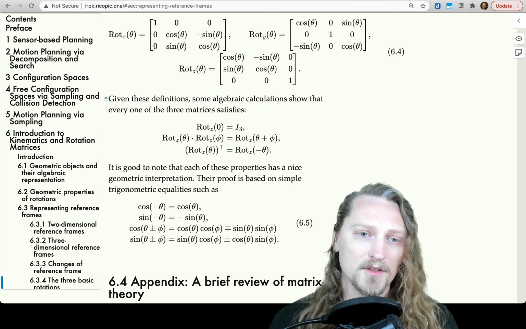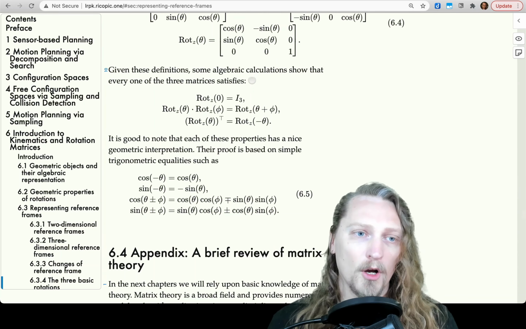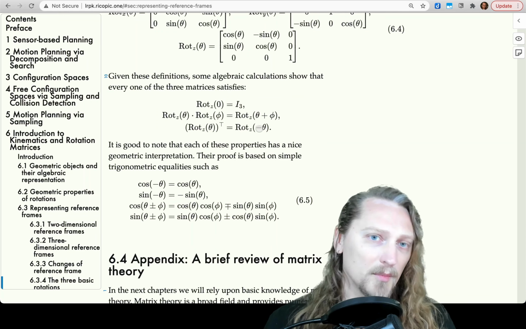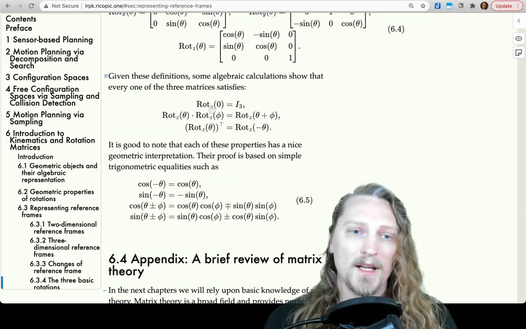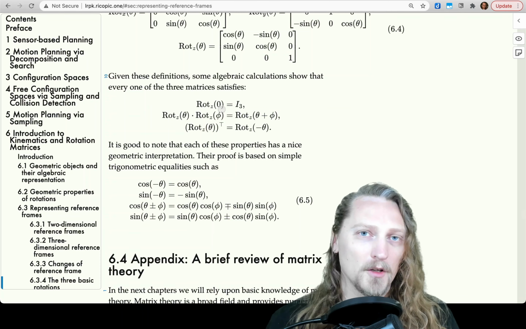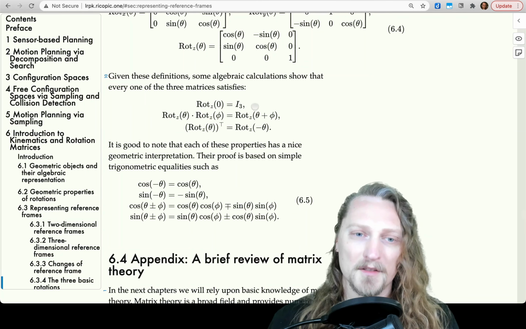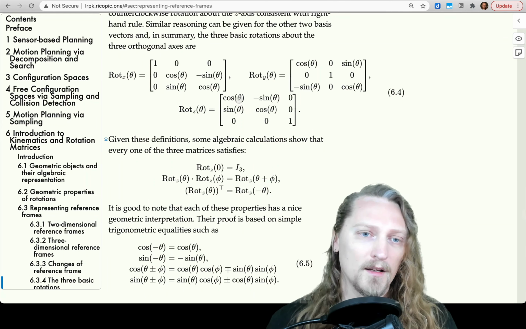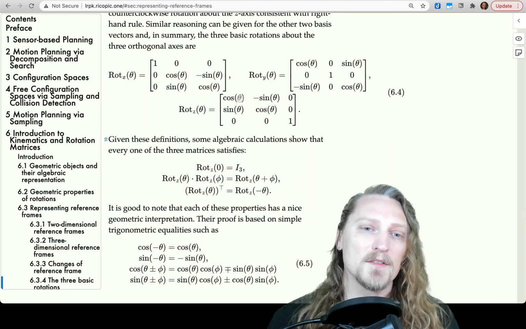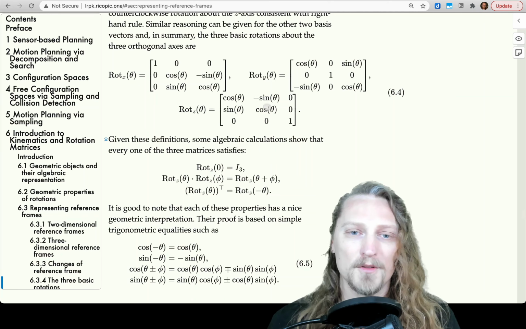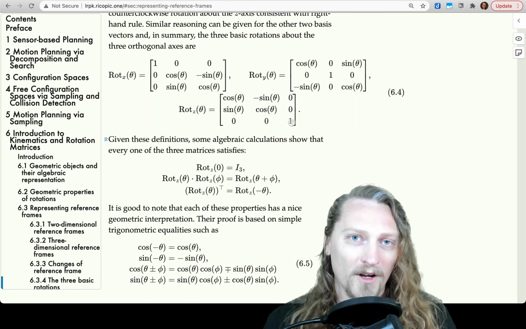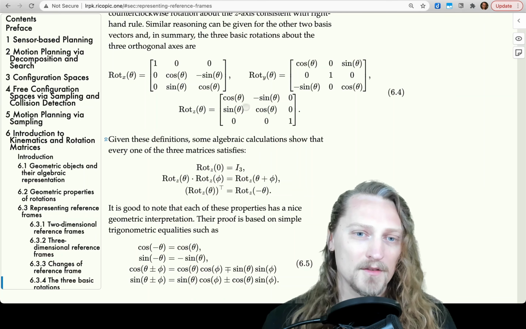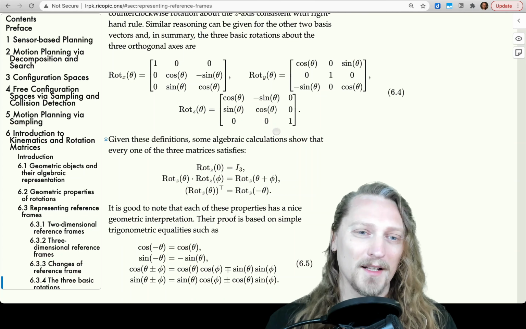Okay, given these definitions, some algebraic calculations show that every one of the three matrices satisfies, and we're going to use z here as an example, but it works also for x and y, the following. The rotation of 0 degrees about the axis gives us the identity matrix. So if you plugged 0 in for theta, cosine 0 is 1, and these off-diagonal terms, sine of 0 is 0, and negative 0 is just 0, so we have an identity matrix.